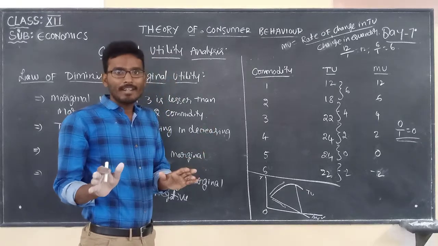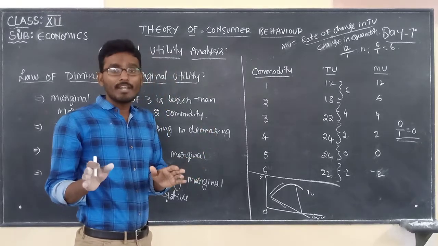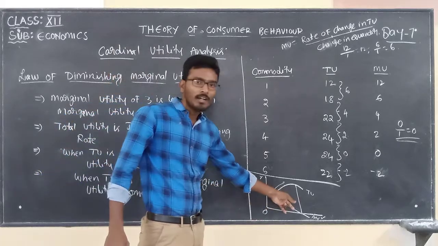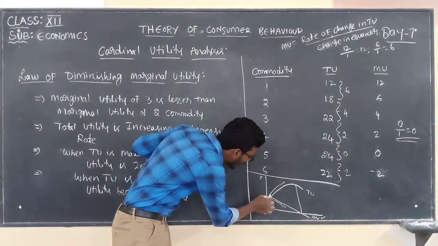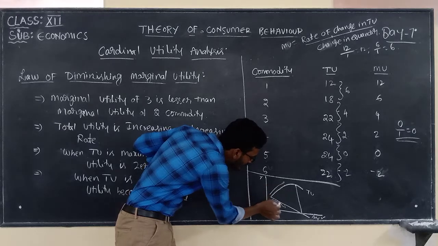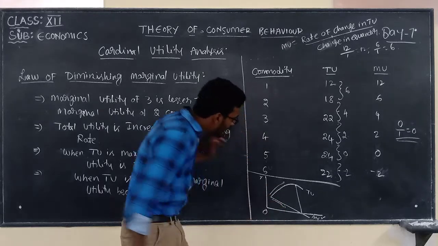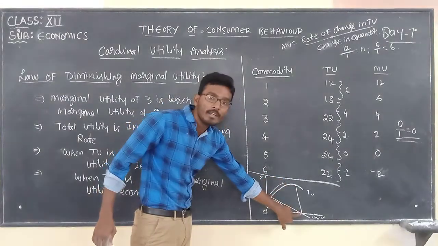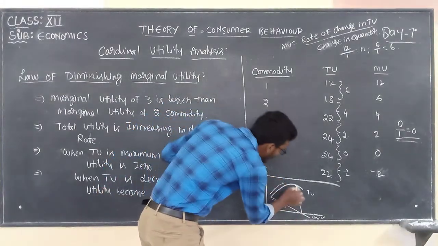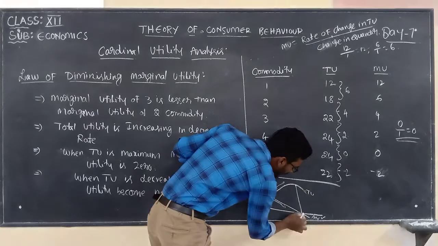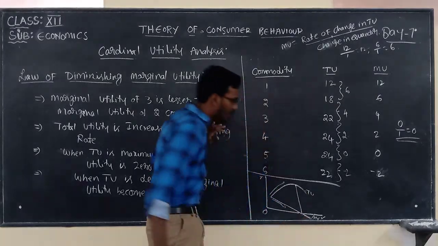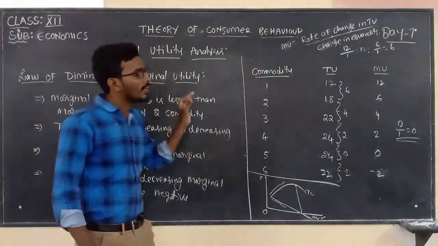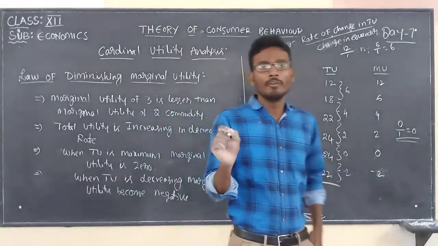You can understand the difference between total utility and marginal utility through this diagram. When total utility is increasing, marginal utility is decreasing. When total utility reaches its maximum, marginal utility becomes 0, and when total utility is decreasing, marginal utility becomes negative. That is the law of diminishing marginal utility.